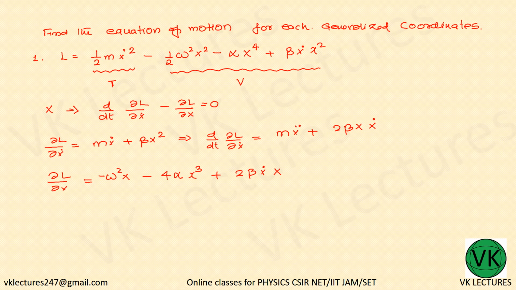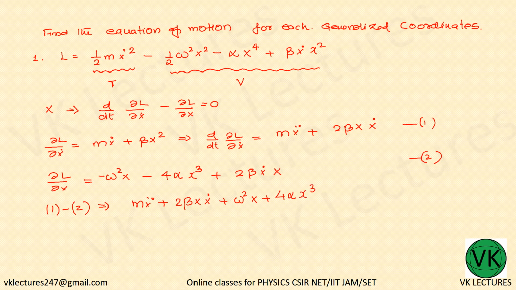Now this is 1 and this is 2, and we have to subtract 2 from 1, so 1 minus 2 gives you mx double dot plus 2 beta x x dot. This becomes plus omega square x plus 4 alpha x to the power 3.